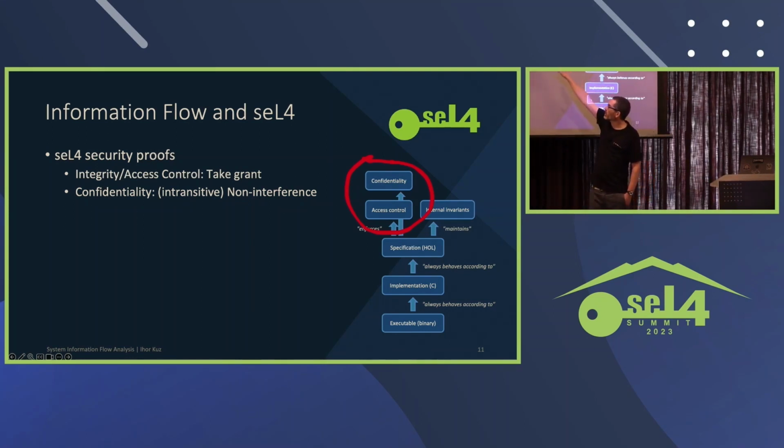The integrity proof is based on the Take-Grant model, or a version of it, which is what seL4 implements. And the confidentiality proof is based on a non-interference model. These basically give us evidence and confidence that seL4 provides these properties of integrity and confidentiality, based on these formal models.